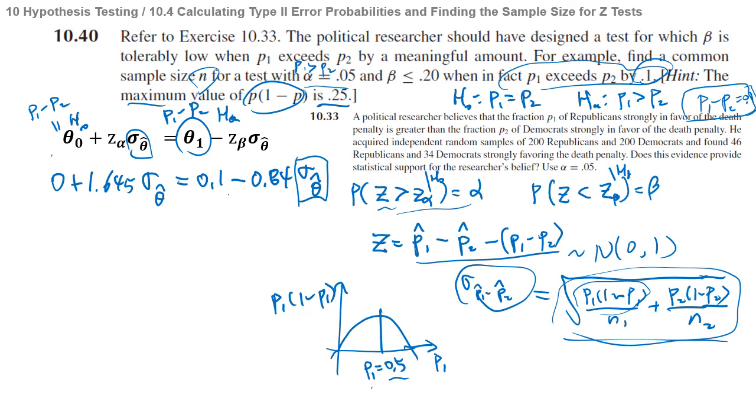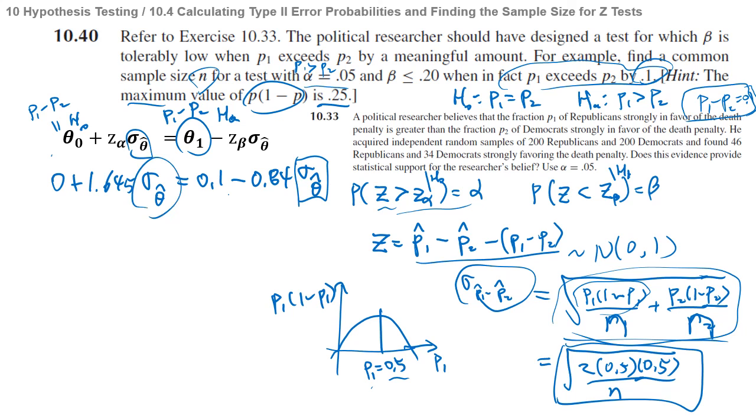So for the conservative variance estimate, we put P as 0.5, and we also assume the same number for the first and second population. So we will use n for N1 and N2, and this is the square root of 2 times 0.5 times 0.5. We will put this inside sigma theta hat.